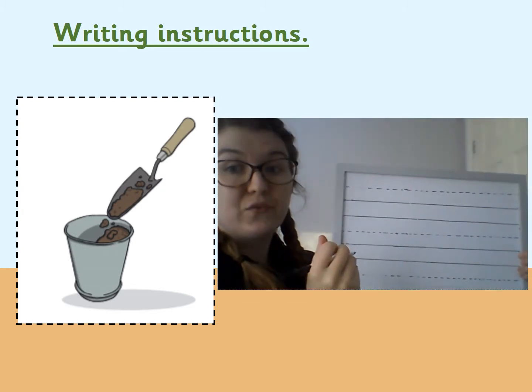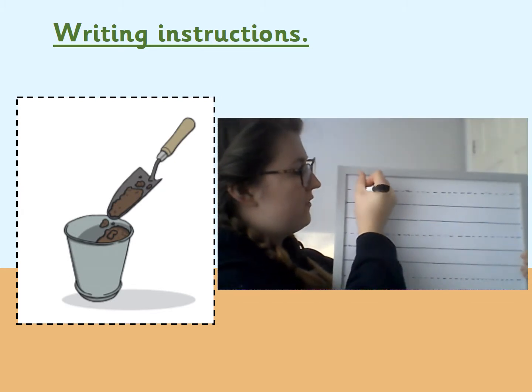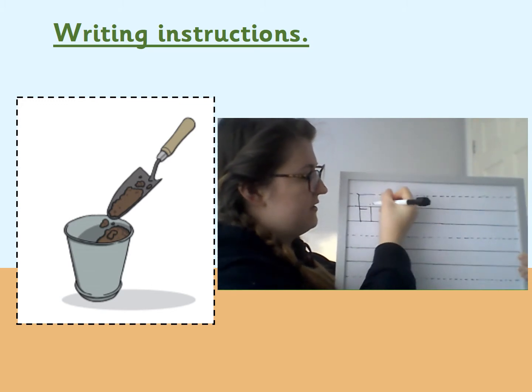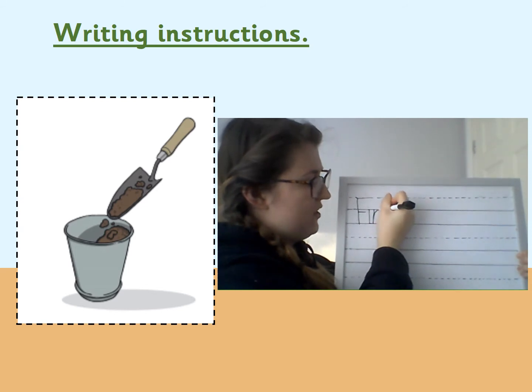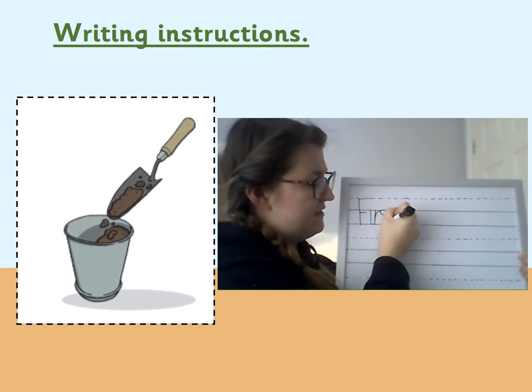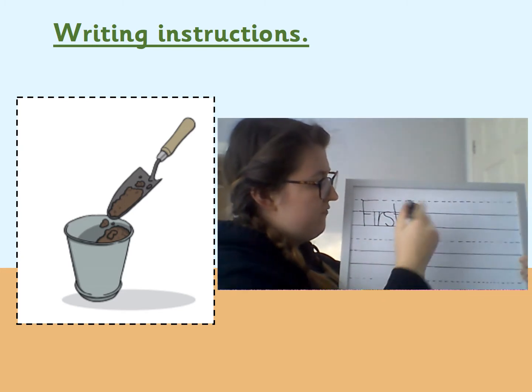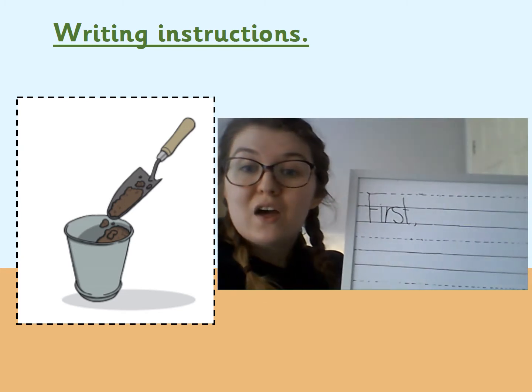First. Capital letter at the beginning of my sentence. First. Down the robot, over his arm, slither down the snake. Tower. First. Fill.